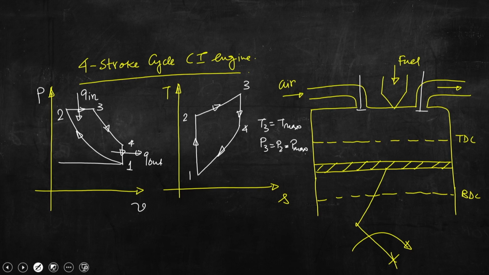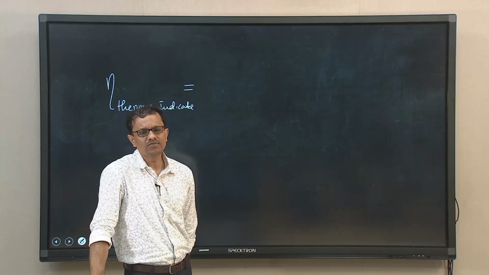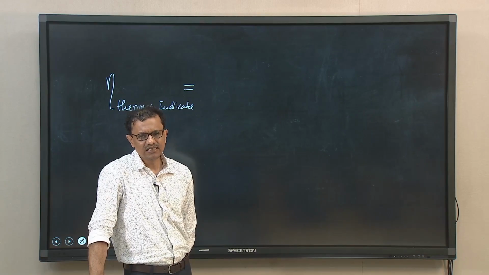So, again if we try to write the thermal efficiency of this particular cycle, I am trying to write eta thermal indicated. Why is it indicated? Because we are trying to quantify the efficiency considering the heat transfer to and from the air of the engine cylinder.